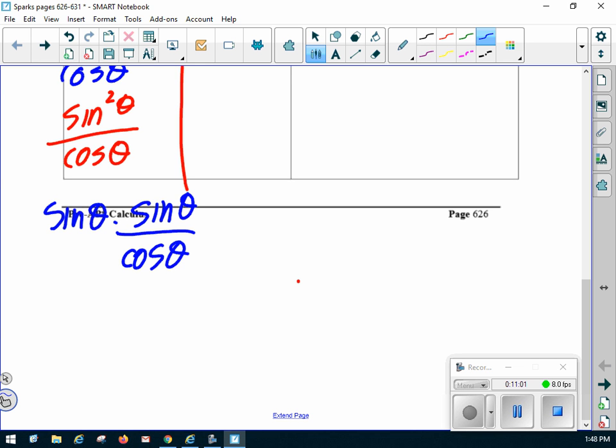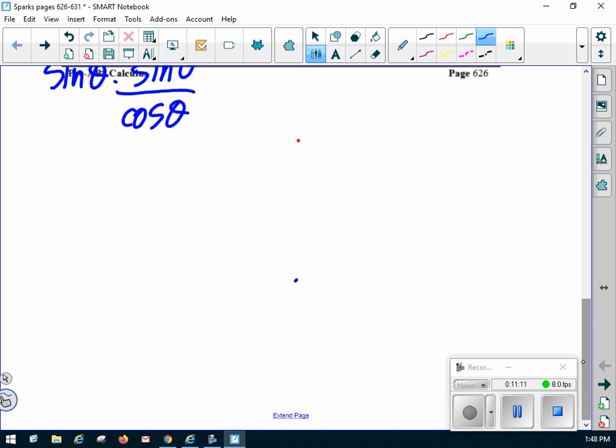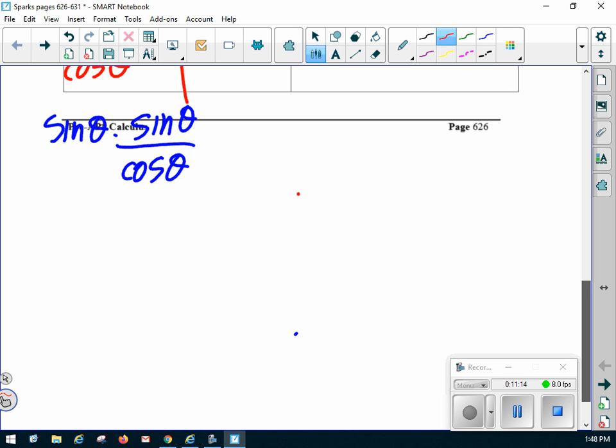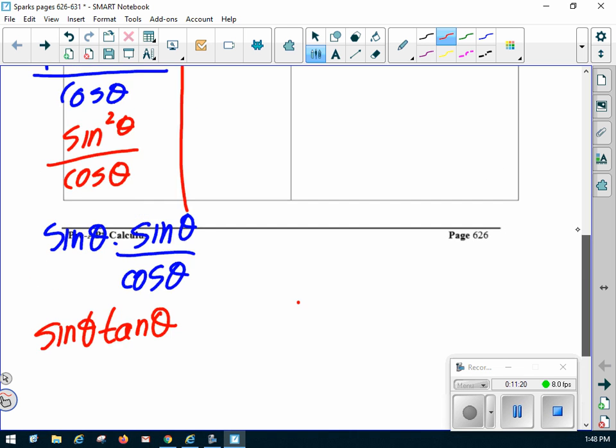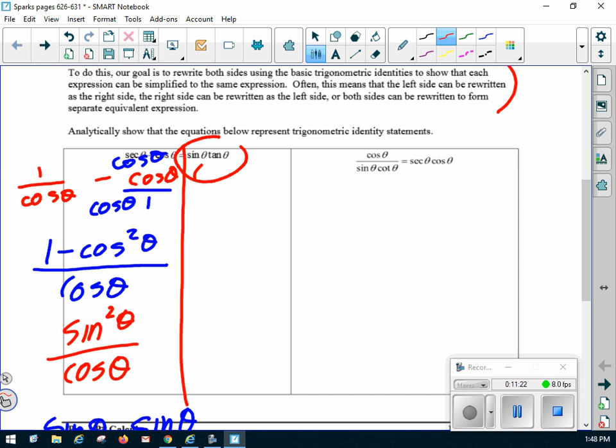Yes. And then what is sine over cosine? That is tangent. So this is sine theta times tangent theta. Oh, but that's what I was trying to get anyway. Done. Cool.